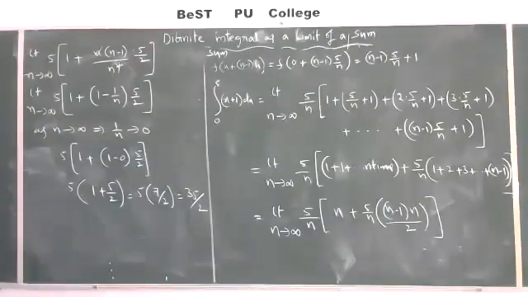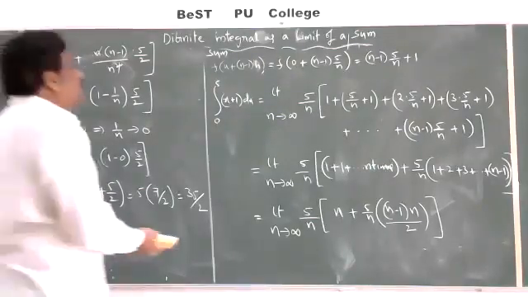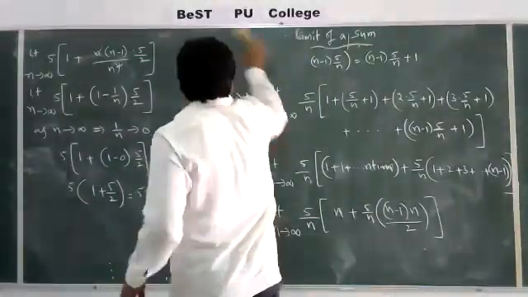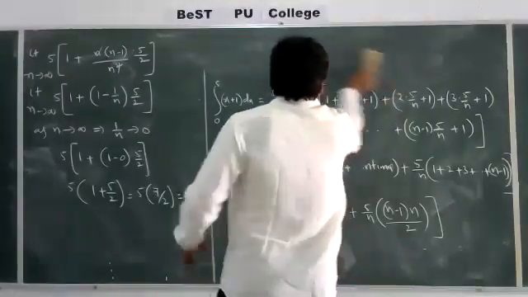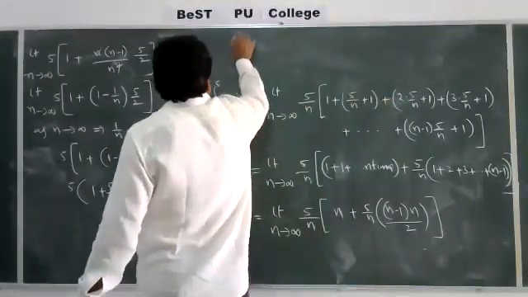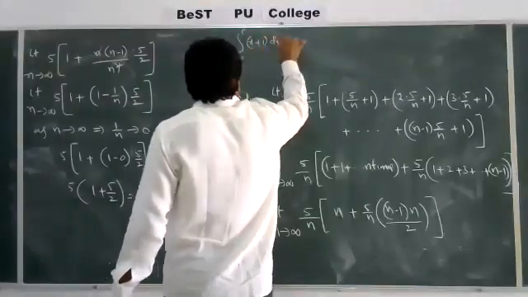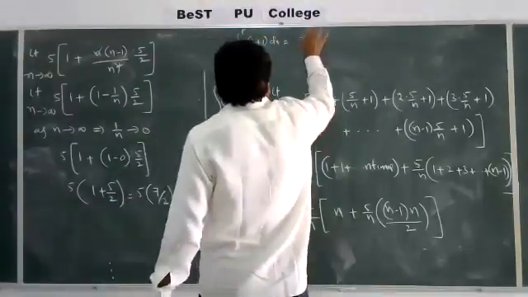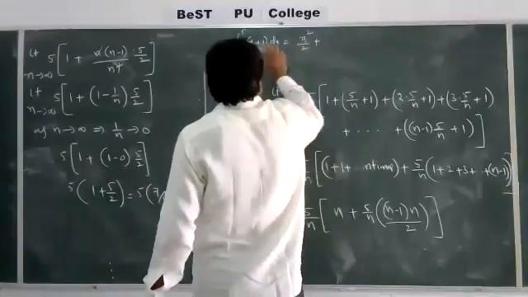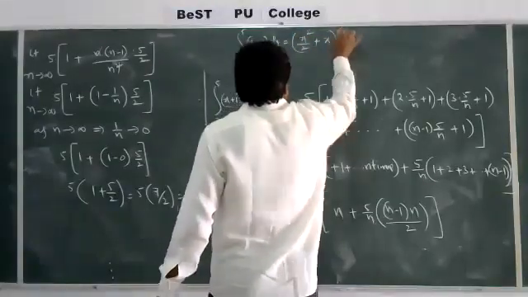Now by using the limit of a sum, the integral 0 to 5, f of x is x plus 1. Just by using integration, let's see this: integral 0 to 5 of x plus 1 dx. So what is the integration? x square by 2 plus x, with limits 0 to 5.